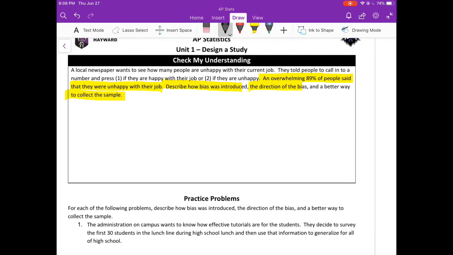So, this is a bias because only unhappy people will call in. So it shows an overestimate in the population.